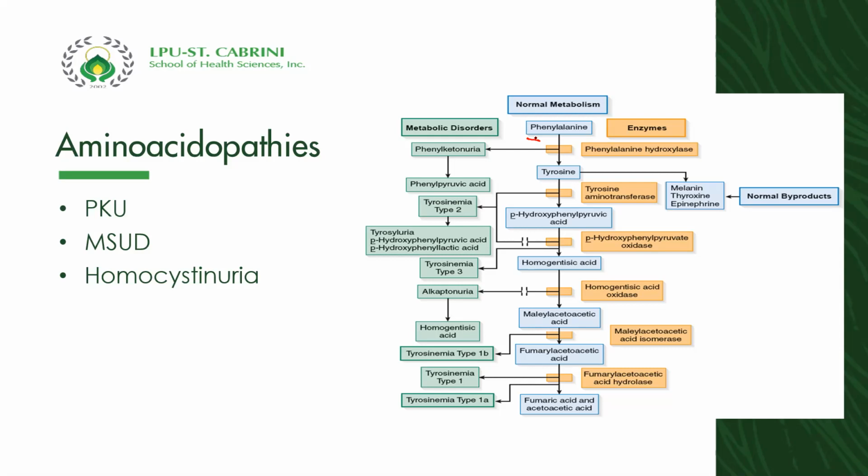Thus, problems or deficiencies in this enzyme could lead to what we call amino acidopathies. Usually, we have PKU, MSUD, and homocystinuria. PKU stands for phenylketonuria. MSUD is maple syrup urine disorder. And homocystinuria.